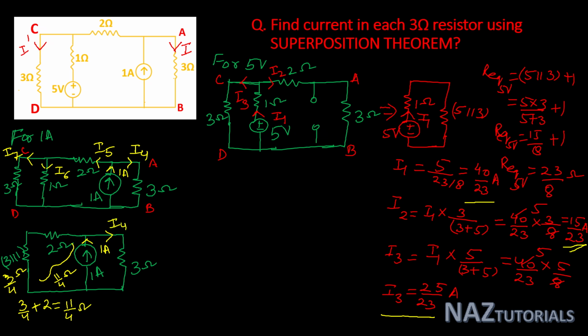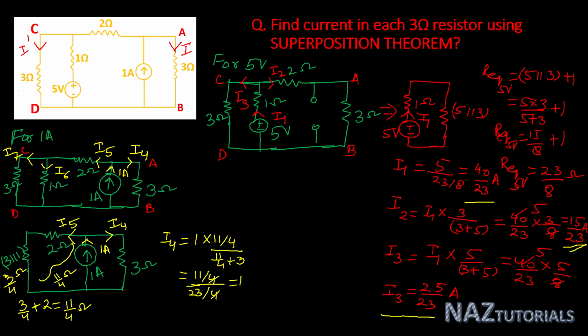This current we are assuming I4, this current is I5. So here we can calculate I4 and I5. So the value of I4 is 1 ampere multiplied by opposite resistance, that is 11 by 4, divided by total resistance, that is 11 by 4 plus 3, or you can say this is 11 by 4 divided by 4 3s are 12, 12 plus 11, this is 23.